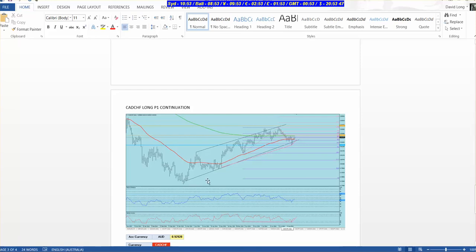I don't know about this trend line, unless you're looking at this as a channel. I'd be a little suspect about that. That's your Fibonacci, that's fair enough.